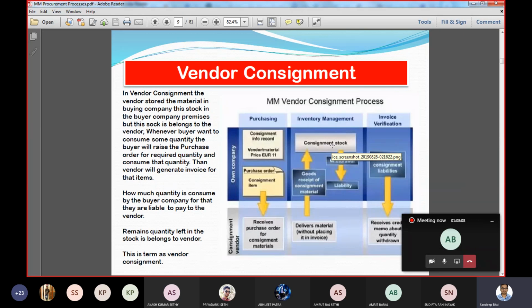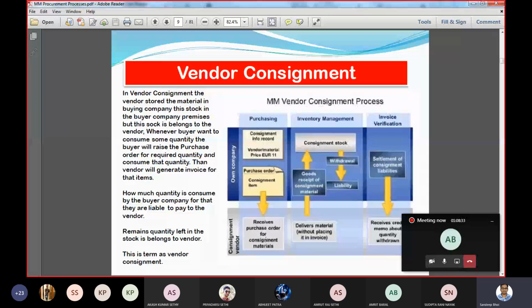But who is the owner of the rest of the consignment stock that is still there? Sir, the vendor. Yes, very good.